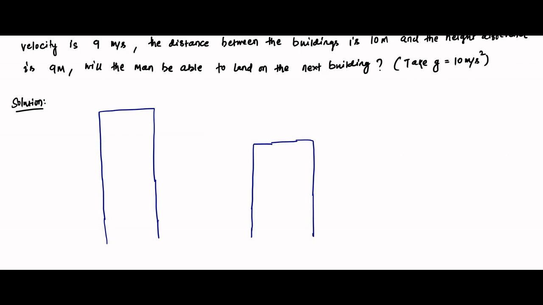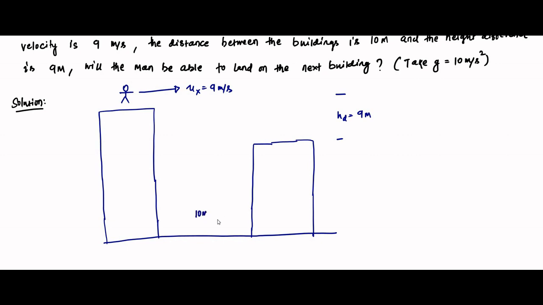The height difference between the two buildings is 9 meters. The man is making the jump with a horizontal velocity of 9 meter per second and the distance between the two buildings is 10 meter.